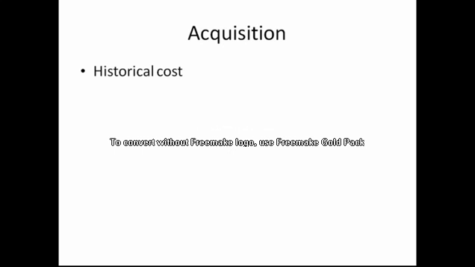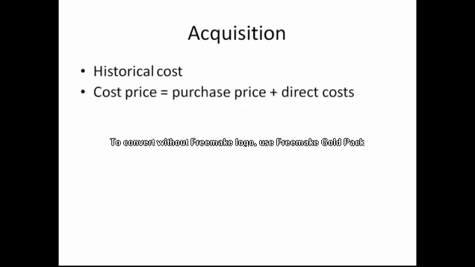So it will remain in our books at historical costs, all our fixed asset accounts, such as land and buildings, equipment, vehicles, etc. So what we need to realize, the cost price that is the purchase price, but we also have to add direct costs.